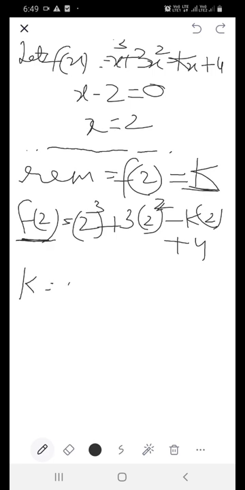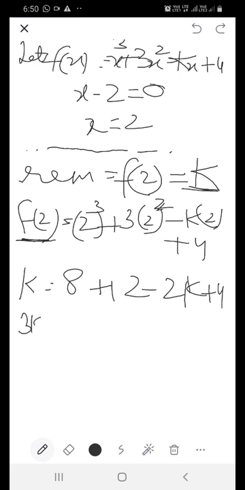It will be 8 plus 2 2s are 4, 3 4s are 12, minus 2k plus 4. Now you see one of the coefficients of x is given in terms of k, and you have to find this k. If I transpose minus 2k to the left, it will be 3k is equal to, after adding all the other numbers, 24, and k comes out to be 24 upon 3, which is 8.